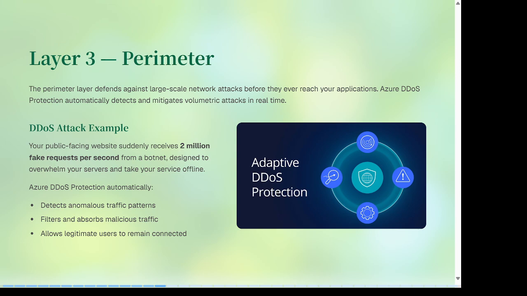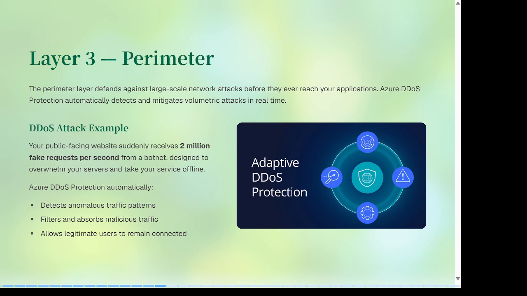But here is the problem: these are not real users. They are fake requests coming from a botnet, a network of compromised machines controlled by attackers. The goal is simple: overwhelm your servers, consume all resources, take your website offline.